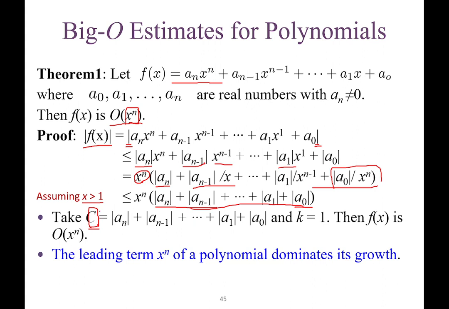So we found the witnesses when x is larger than 1: this is our k, and c is the summation of the coefficients. Then f(x) is less than or equal to x^n times c. This is how we prove that the general form of a polynomial function with the leading term x to the power of n is big O of x to the power of n.